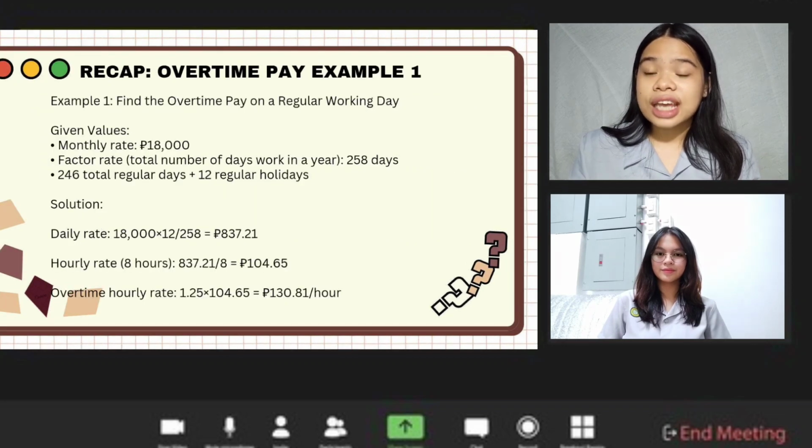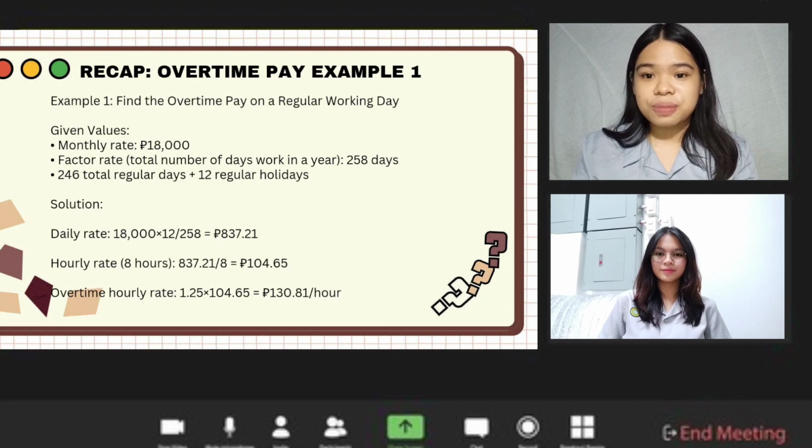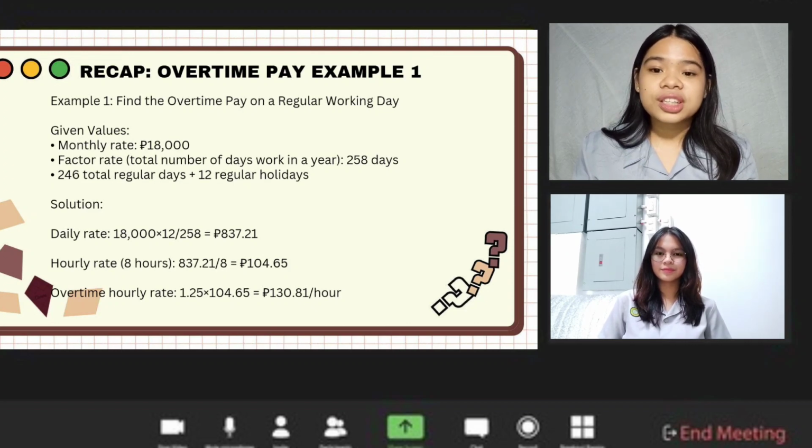So, let's have example 1 from the last lesson to refresh your memory. Example 1 is about finding the overtime pay on a regular day. The given values are monthly rate, which is equal to 18,000 pesos, and factor rate or total number of work days in a year, which is equal to 258 days, 246 total regular days plus 12 regular holidays.